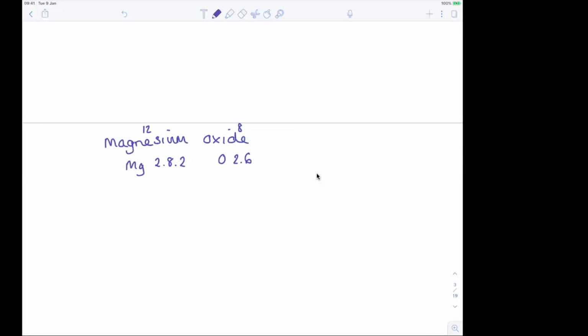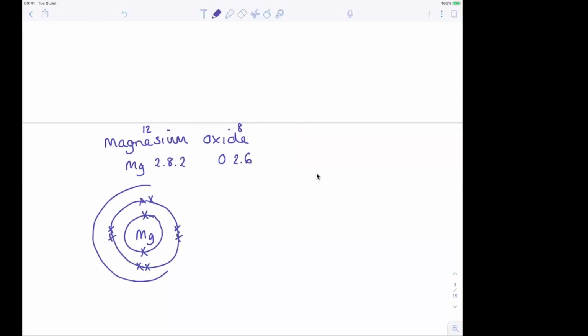So now we're ready to draw our magnesium oxide. There's our 2 electrons. Oh, I wish I was better at drawing the circles. My hand's so wobbly. Okay, oxygen now.